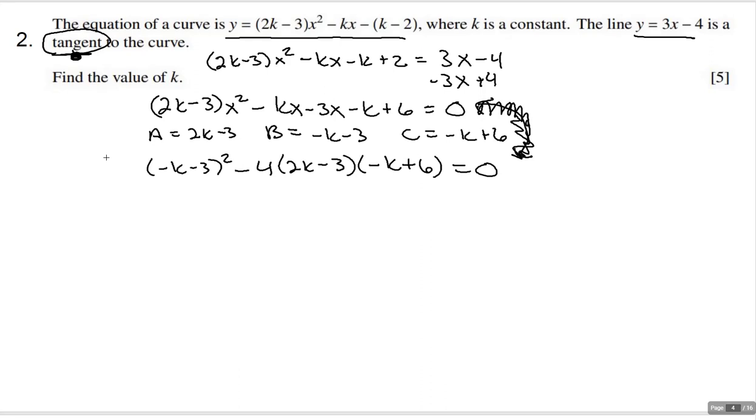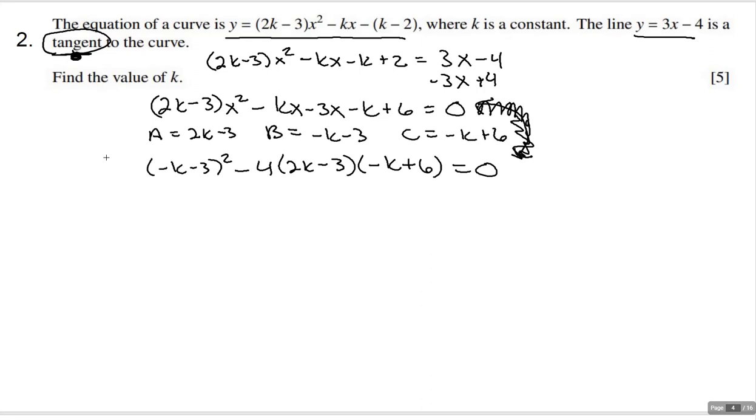So, what I want you to do now is see if you can solve for k. Pause this and start back up again when you're ready, and we'll compare. Okay, so hopefully you did that.